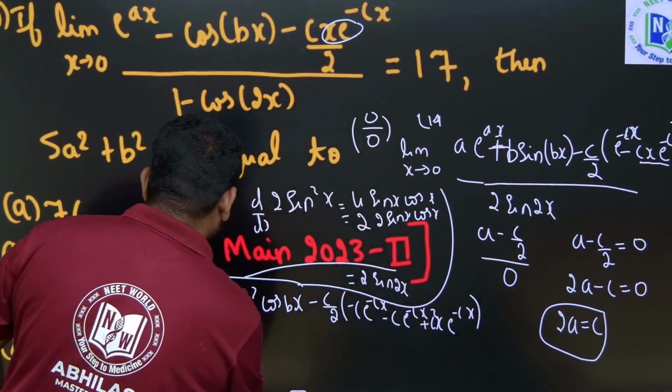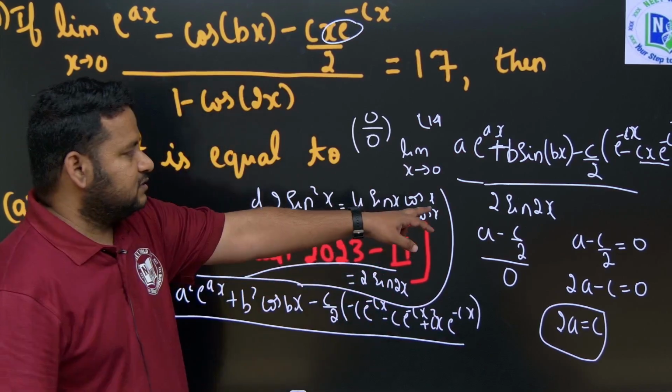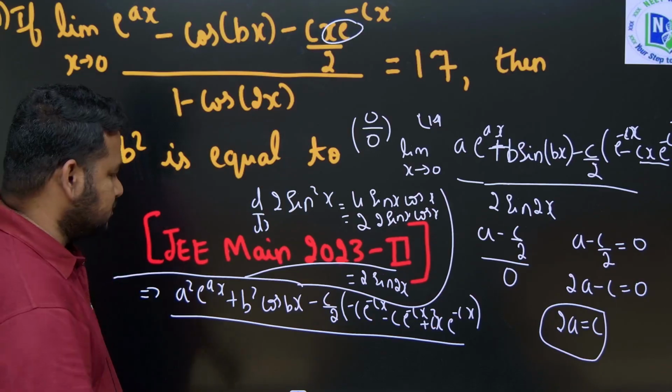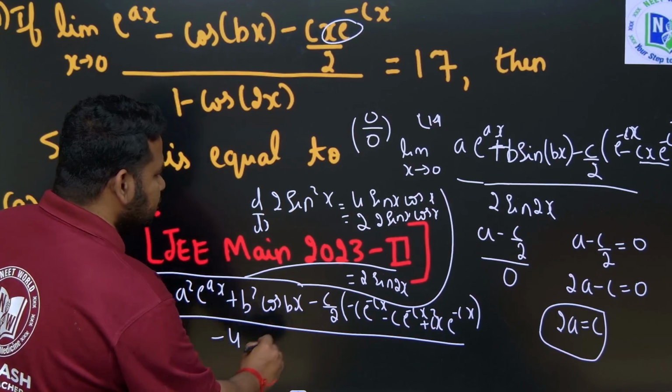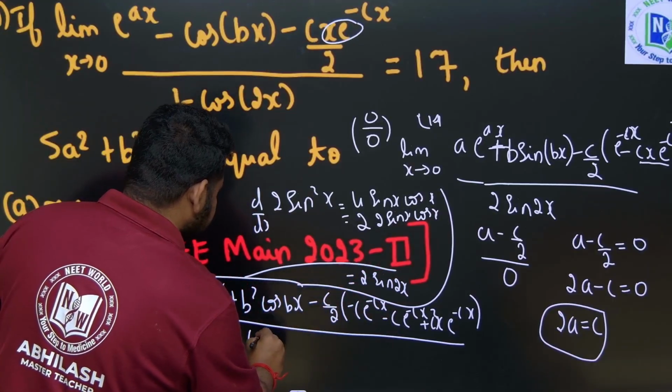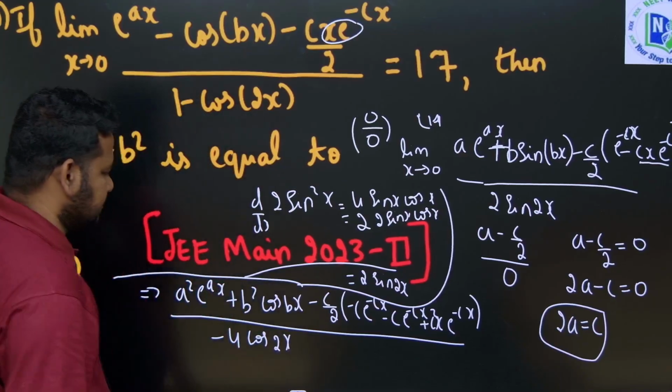The denominator: derivative of sin 2x is cos 2x, so it becomes minus 4 into sin 2x, and the derivative is minus 4 cos 2x.